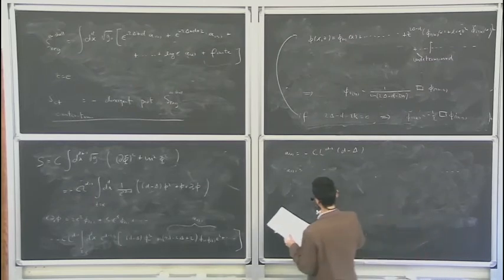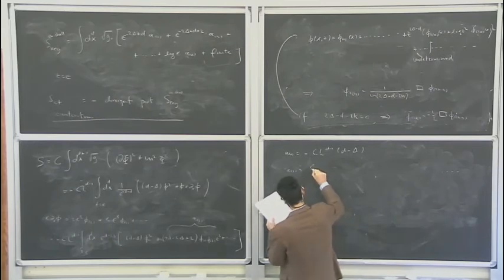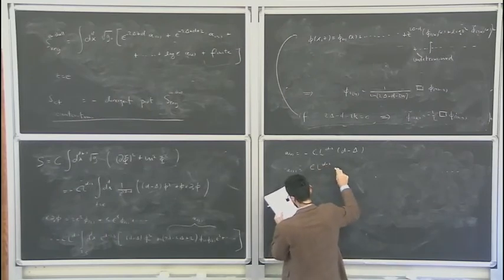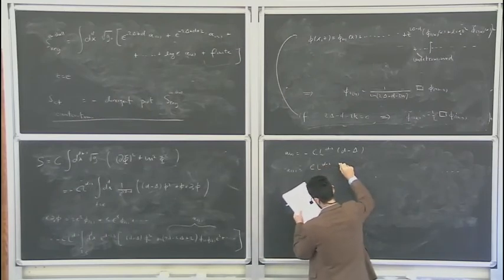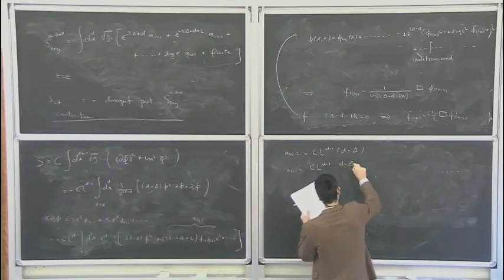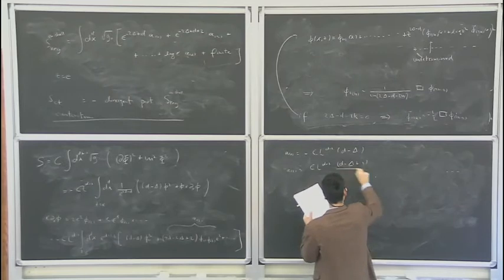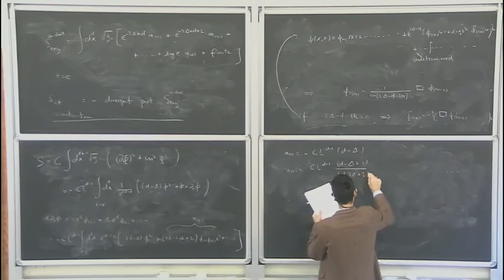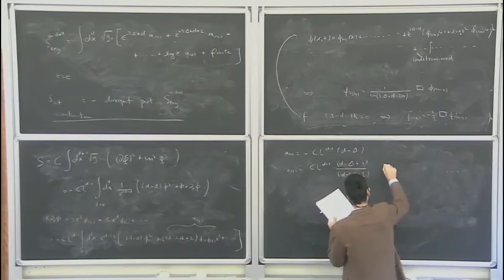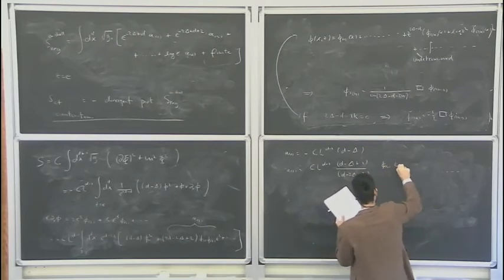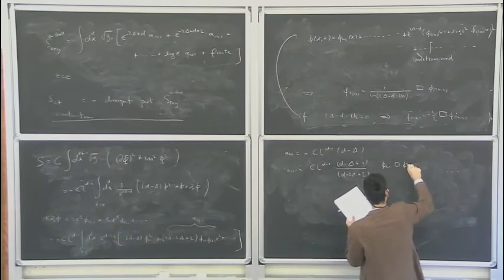Let's write A2 just, for example, in terms of phi 0. So you get C to D minus 1, D minus delta plus 1 divided by D minus 2 delta plus 2, phi 0, box phi 0.